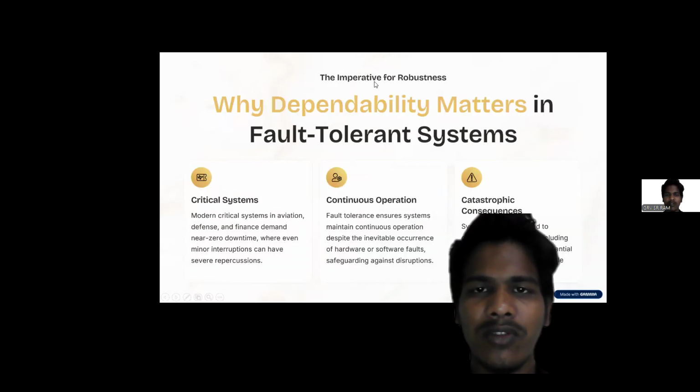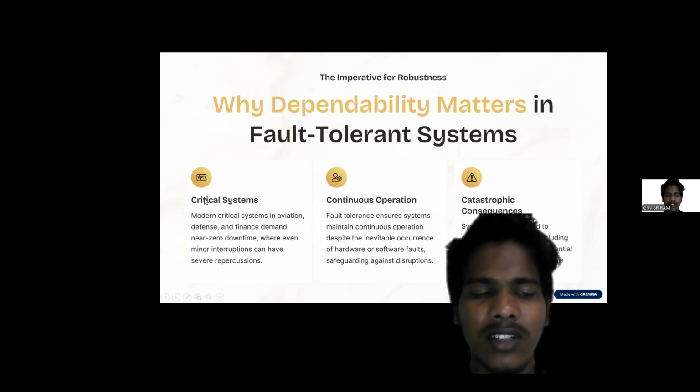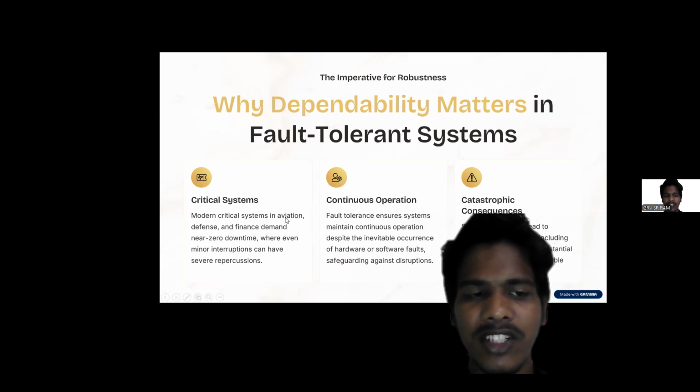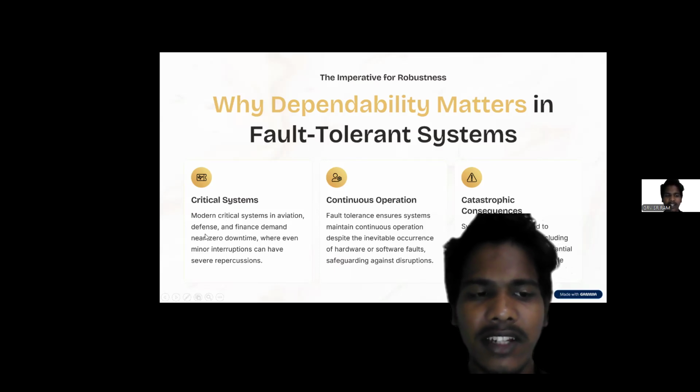The imperative for robustness. Why dependability matters in fault tolerant systems. First, the critical systems. Modern critical systems in aviation, defense, and finance demand near zero downtime, where even minor interruptions can have severe repercussions.